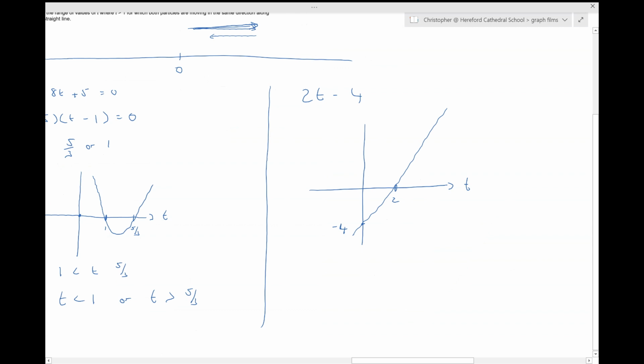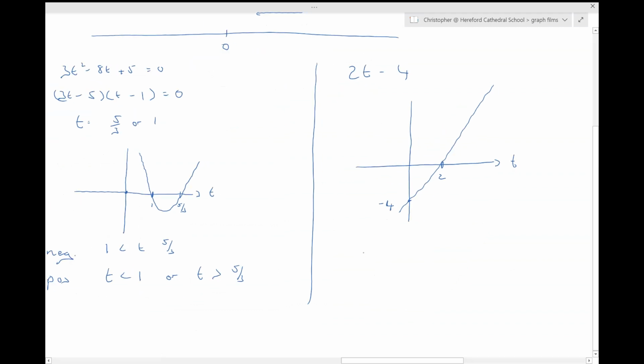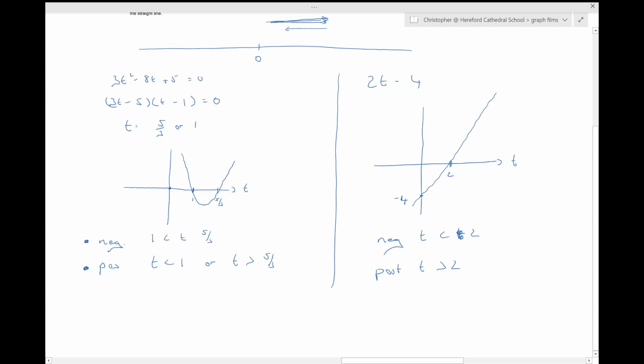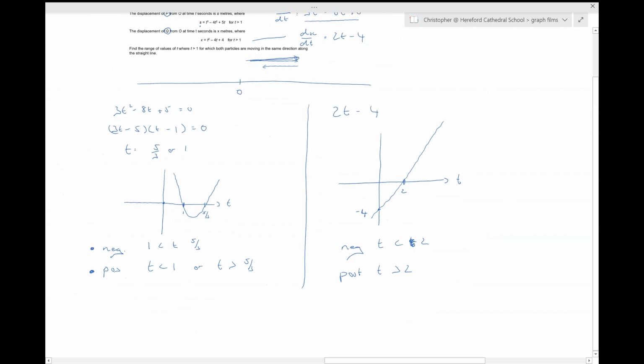So this time the function is negative, the distance is decreasing, when t is less than 2, and it's positive when t is greater than 2. Now, I was asked to find the range of values where both particles are moving in the same direction. So either they're both negative or they're both positive.